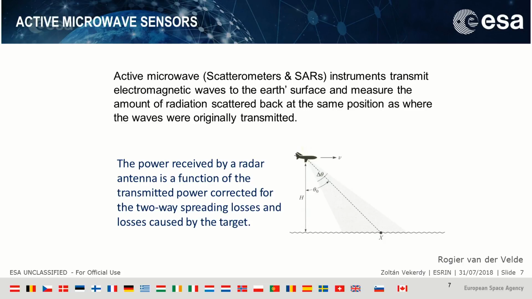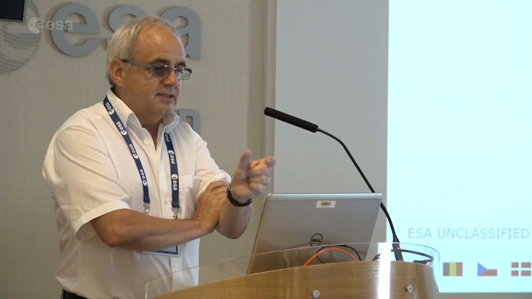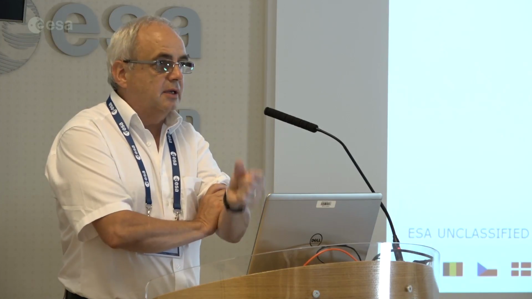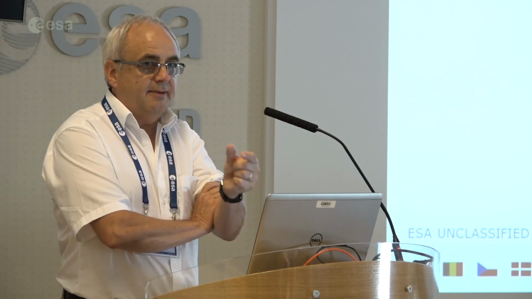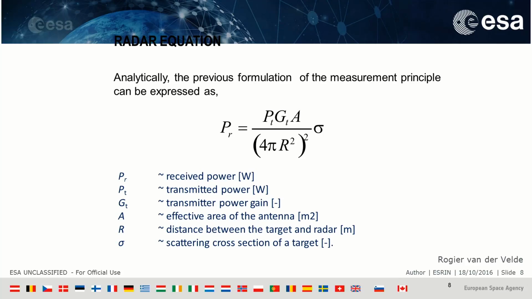You know the principle, you send a radio signal out. In fact, it's a chirp, one which has a certain length in time, that means also in space, and which has a certain energy. And from these geometric parameters, which are related to the signal that you sent out, and the power of the signal, you will receive back something.